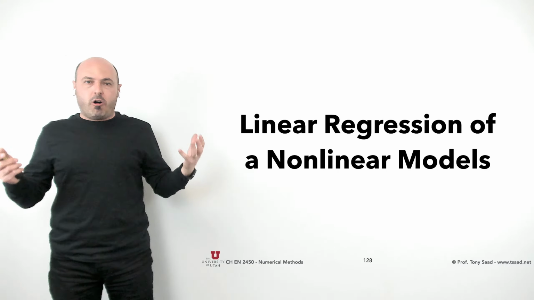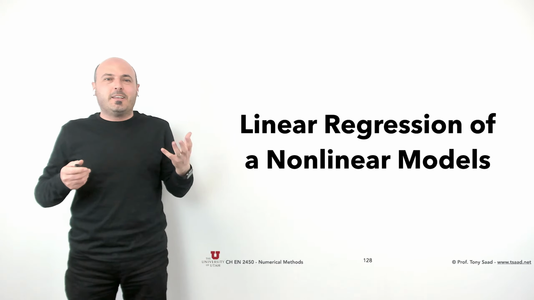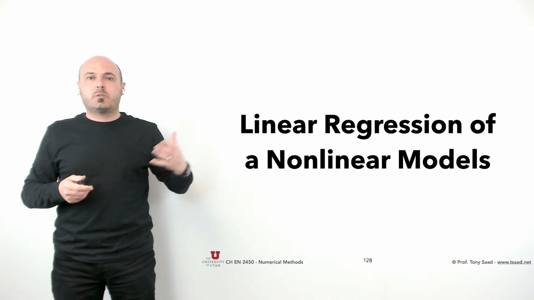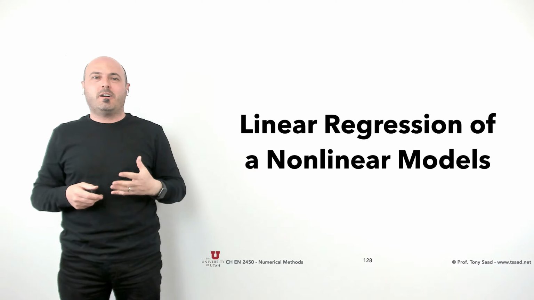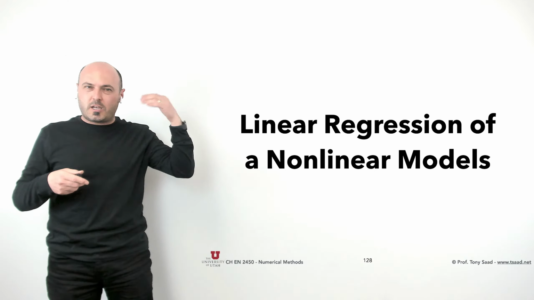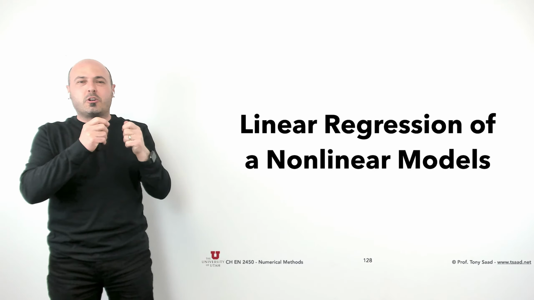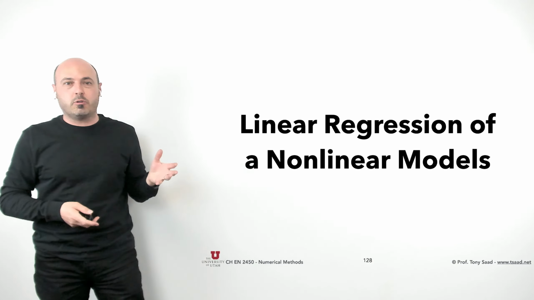This is more of an art, based on your experience with models. So we cannot give you just one single formula for all of the models out there. But as you see more models, you can start learning how to do algebraic manipulation to turn some nonlinear models into linear ones.